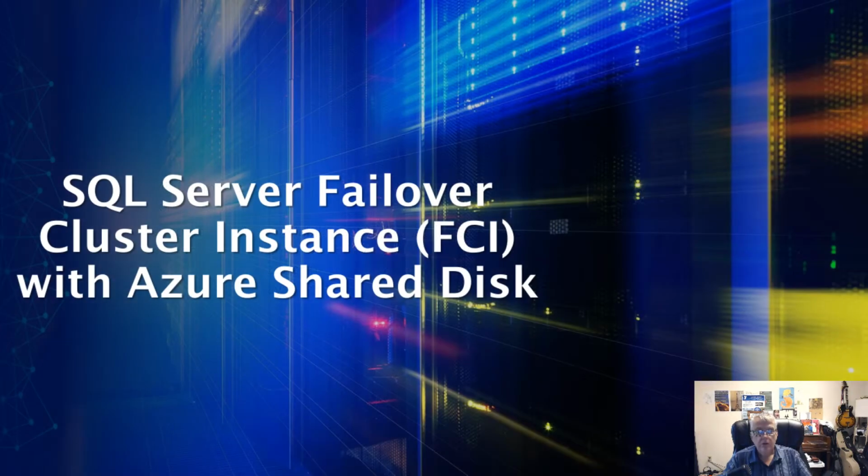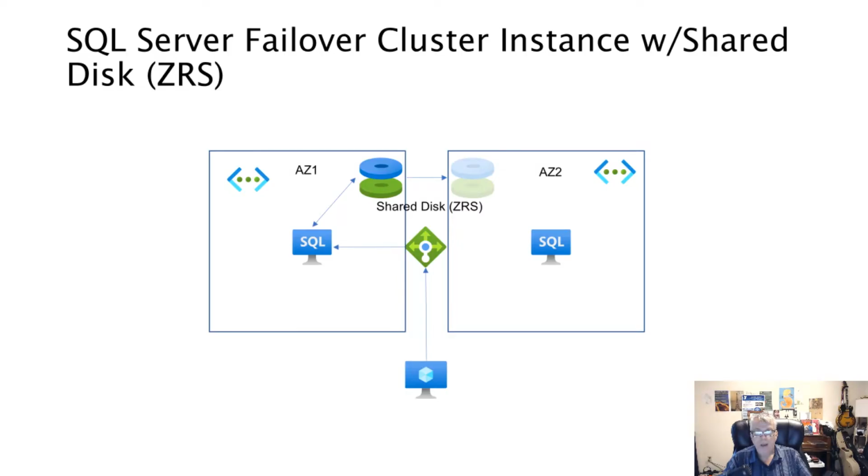So let's take a closer look now at each of those solutions. The first solution we mentioned is Azure Shared Disk. Azure Shared Disk, again, is just a regular Azure Premium disk that you enable max shares to share it with all your cluster nodes.